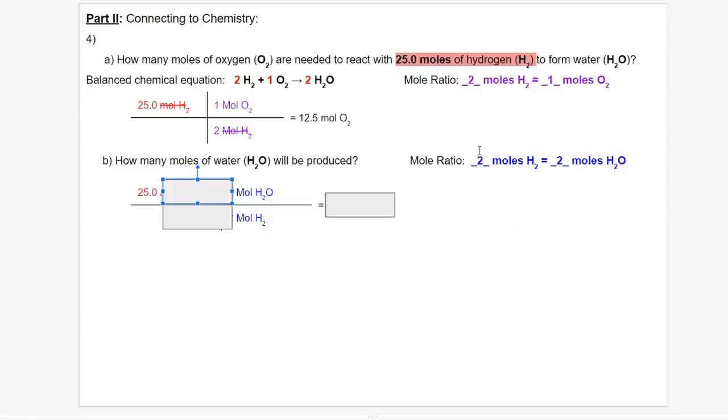Now I fill in my numbers, 2 with H2 and 2 with H2O. So I have moles of hydrogen divided by moles of hydrogen. Those are going to cancel. So I'm left with 25 times 2 gives me 50, divided by 2 gives me 25. So my final answer is 25 moles of H2O.